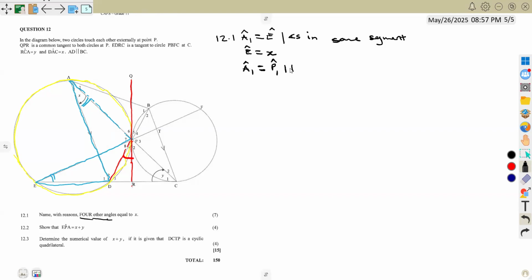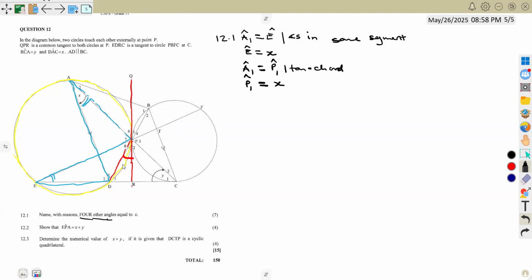The reason is tan chord. Then we can conclude that the angle P1 is equal to X.